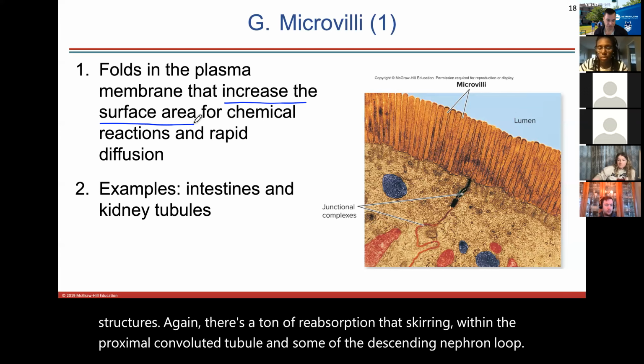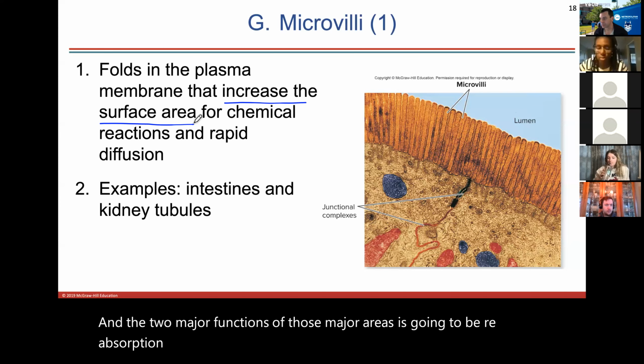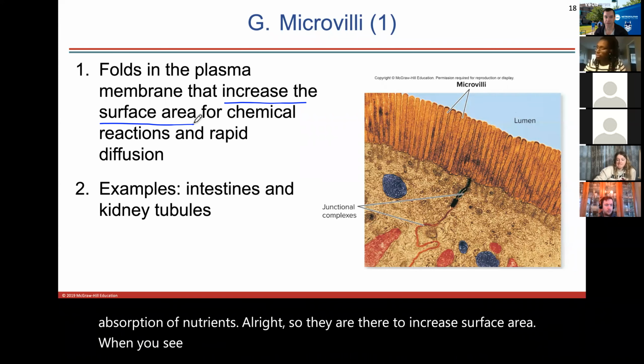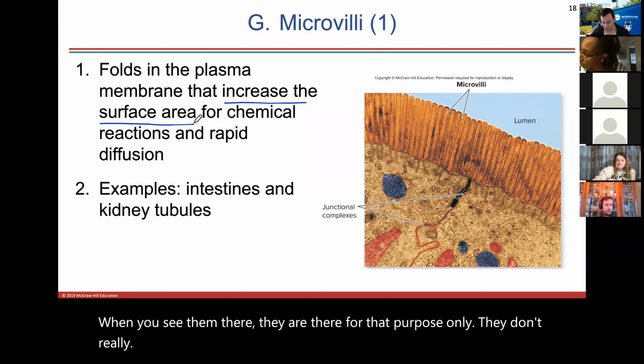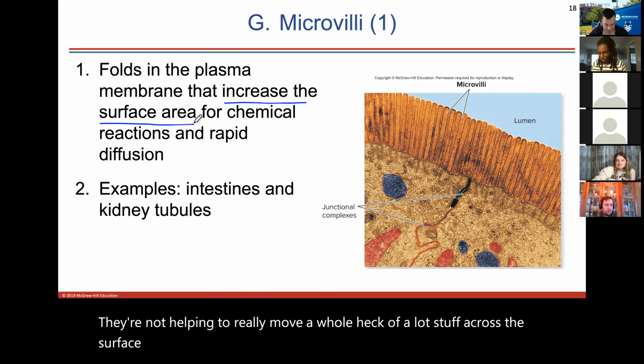And the two major functions of those major areas is going to be reabsorption of nutrients. All right. So they're there to increase surface area. So when you see them there, they're there for that purpose only. Okay. They're not helping to really move a whole heck of a lot of stuff across the surface. They're just there to increase surface area so I can bring more stuff into the cell.